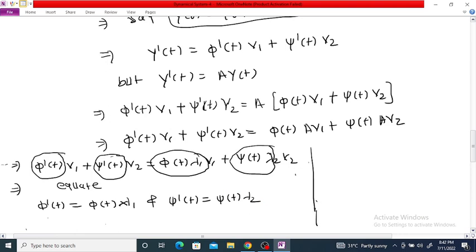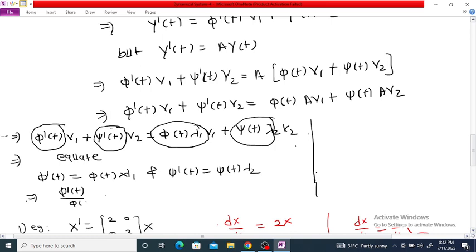So if we separate the variables here, we get phi dash t divided by phi of t is equal to lambda 1, and psi dash t divided by psi of t is equal to lambda 2.